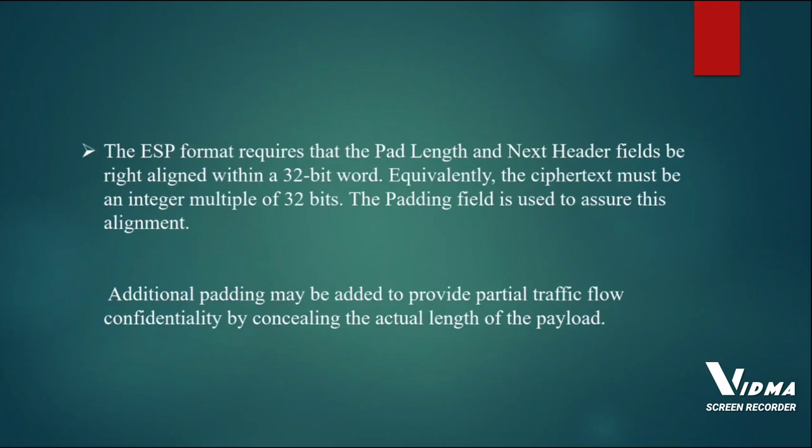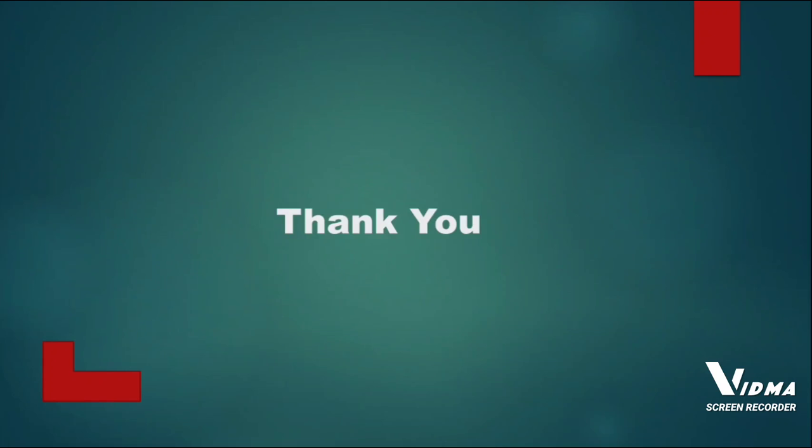The padding field is used to ensure this alignment, and similarly additional padding may be added to provide partial traffic flow confidentiality by concealing the actual length of the payload. Yes, this is about padding.